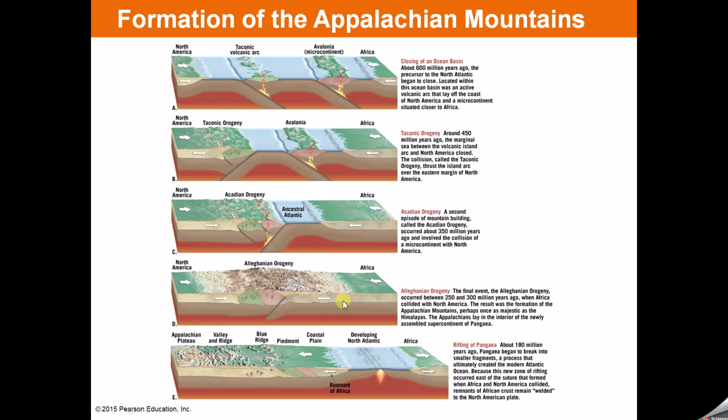And then after that, the divergent boundary formed in the Atlantic Ocean. And all of these old orogenies now just went through the process of peneplanation and flattened. So this rifting started 180 million years ago, and Africa split apart from North America.